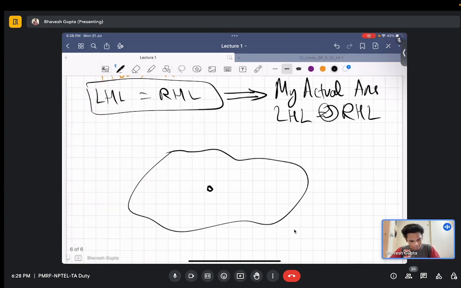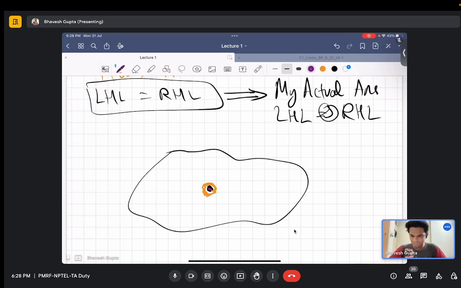So what I do, I study in the close vicinity, very close to that point, and from the behavior of the vicinity I can claim what has happened to that puncture site.